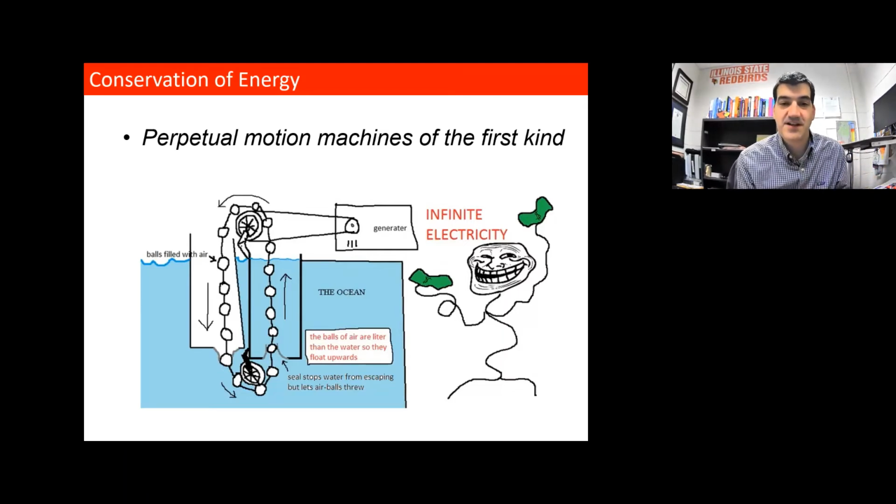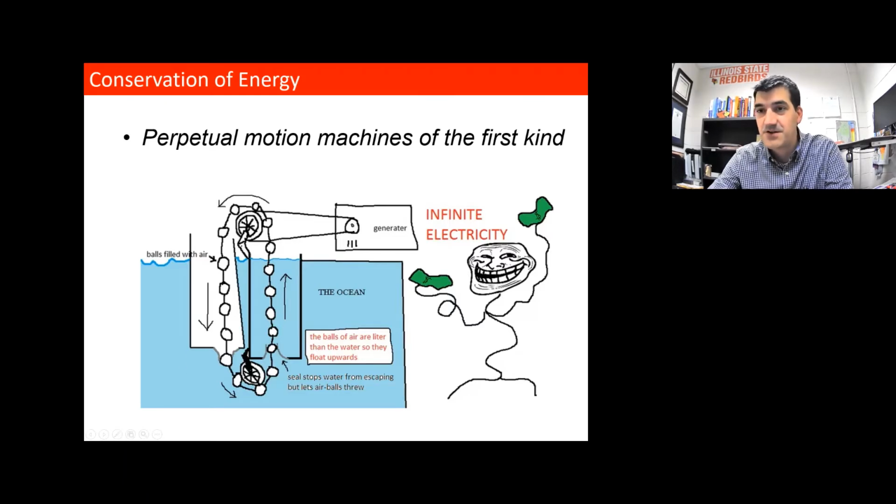More specifically, the reason it doesn't work is because when you have a plastic ball right here, the amount of force, or the amount of energy that is required to pull this ball through this seal and into the water at this depth, is the same amount of force and energy that would be expended in pulling that ball all the way down from the top of the surface of the water to that position.